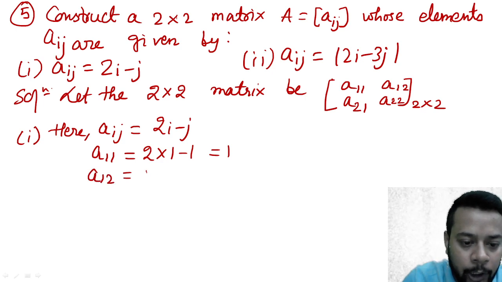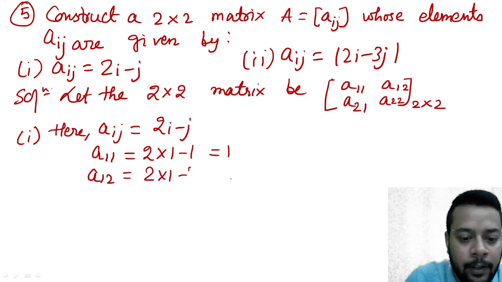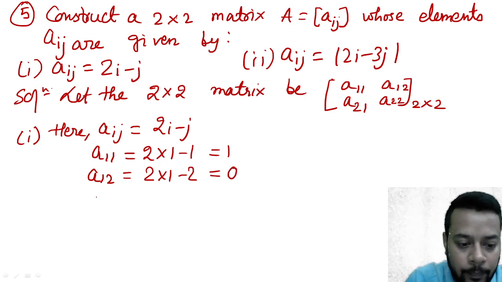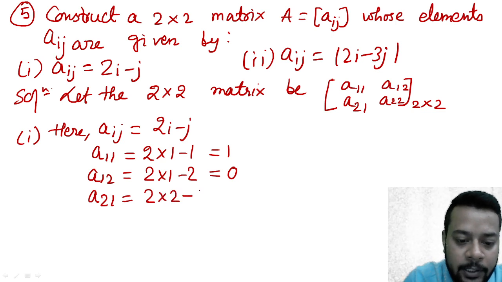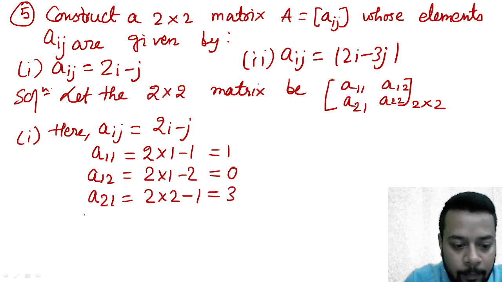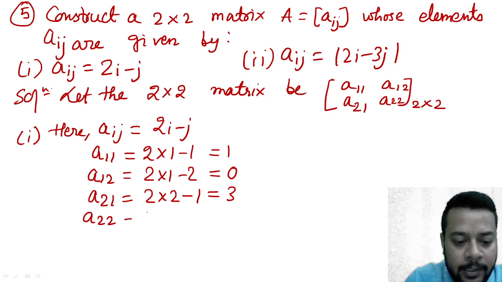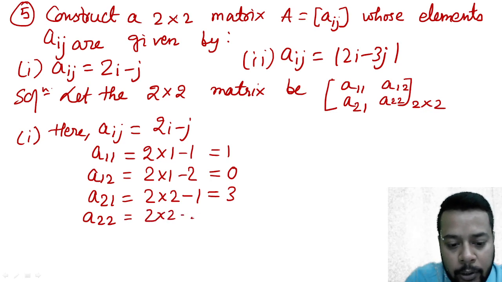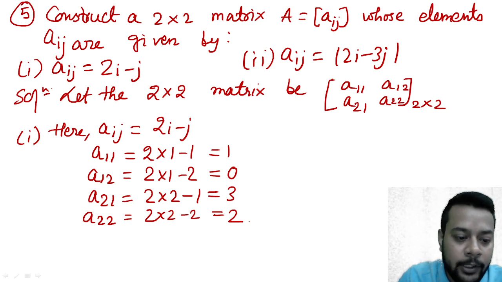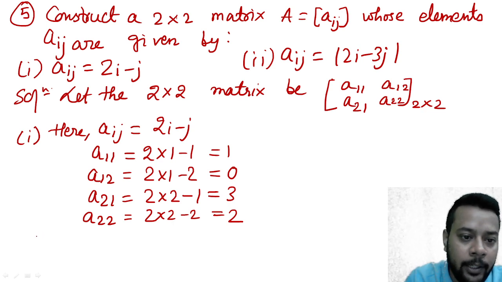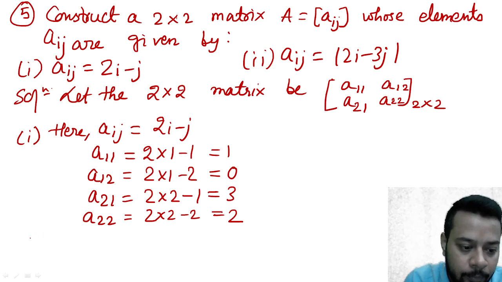A12 will be 2 into 1 minus j value 2, 2 minus 2, which is 0. A21 will be 2 into i's value 2 minus j's value 1, 4 minus 1, which is 3, and A22 that is 2 into 2 minus 2, it will give you only 4 minus 2, which is 2. So this is how we got the required matrix of the first subpart.